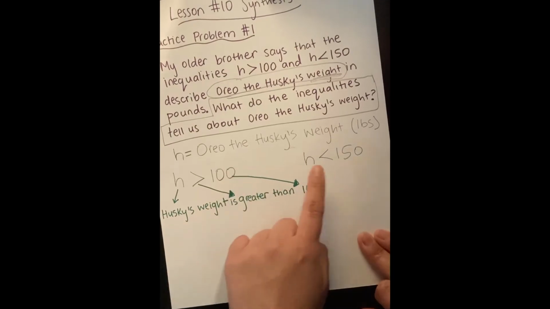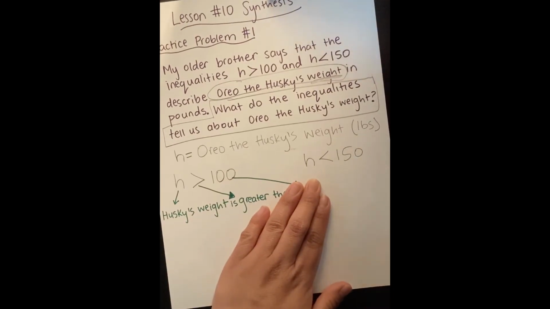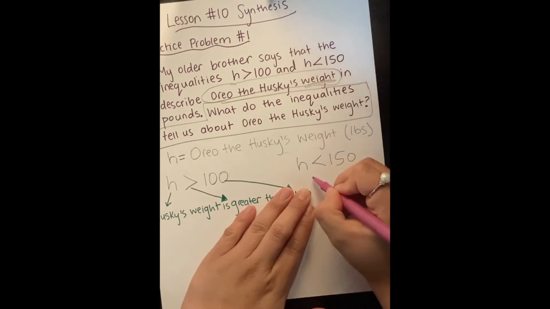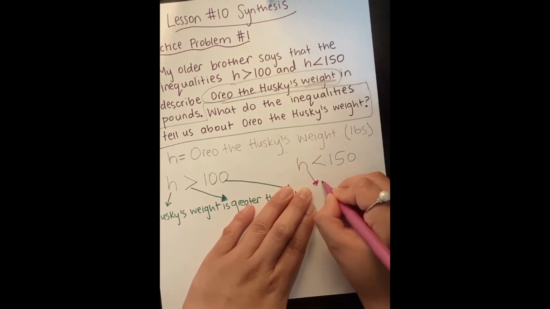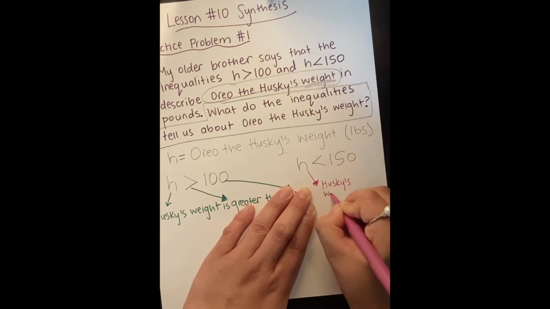Okay, and now let's look at the second inequality, and we are going to do the same thing. I am going to write it in pink so that we can help our eyes tell the difference here. So again, this H is Husky's weight, and I'm going to write it like this. Husky's weight.